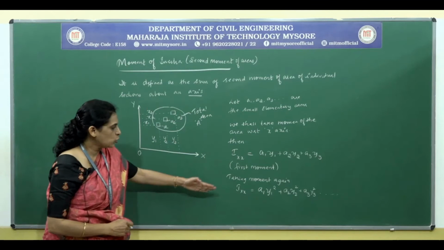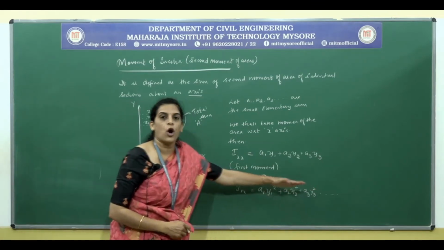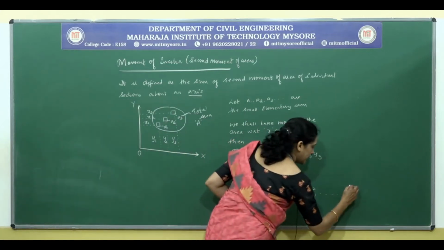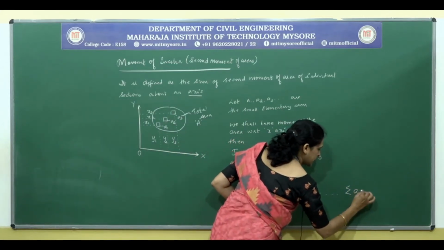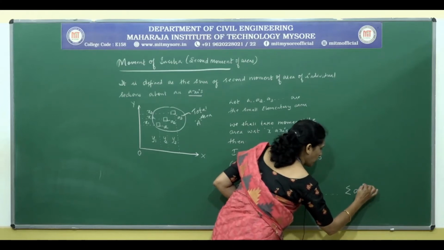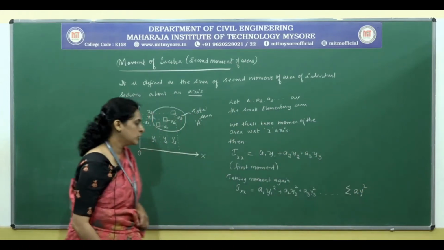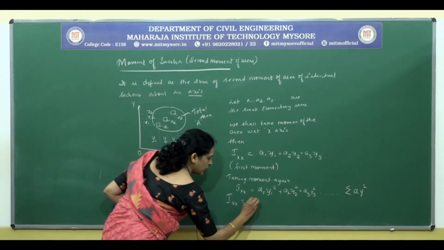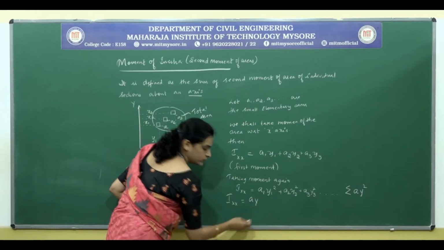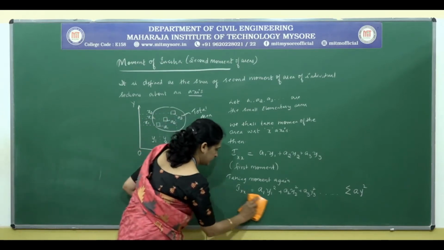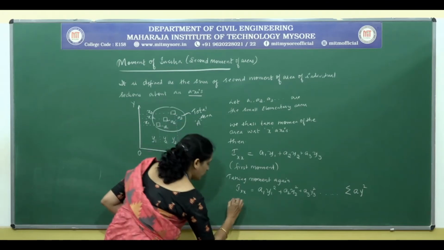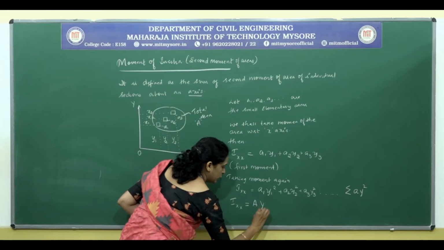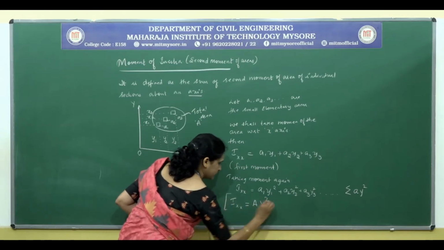So here is how we are summing up all the moment of areas. Finally we can write that as A into Y square, right? Therefore Ixx is equal to A into Y square.